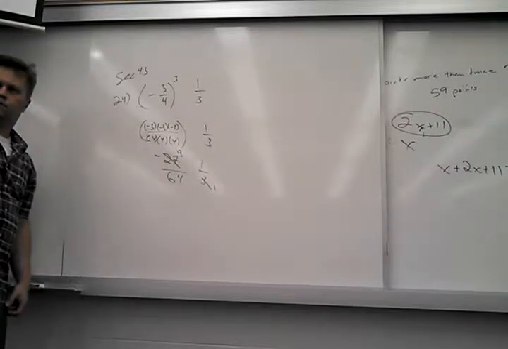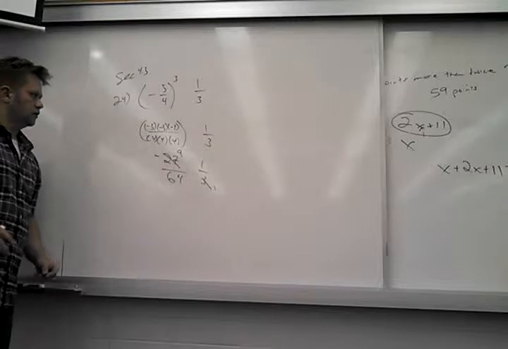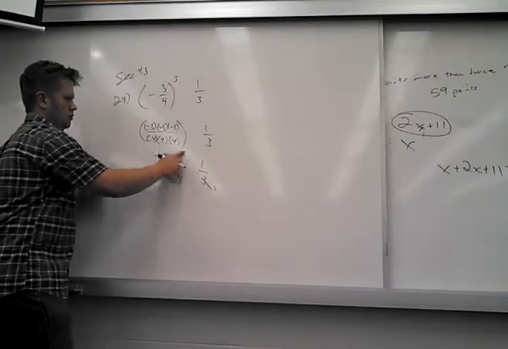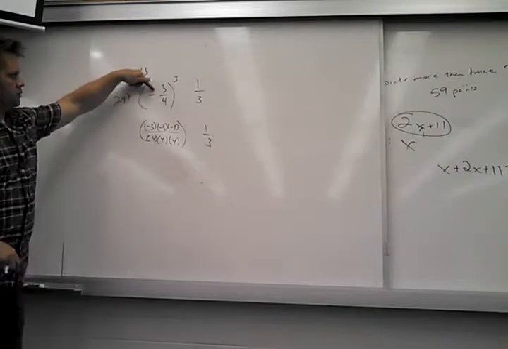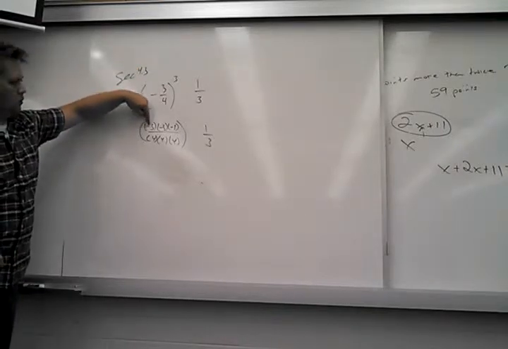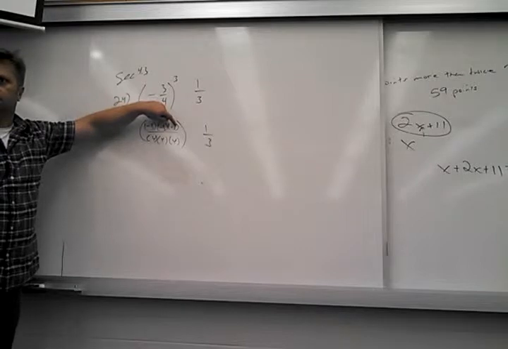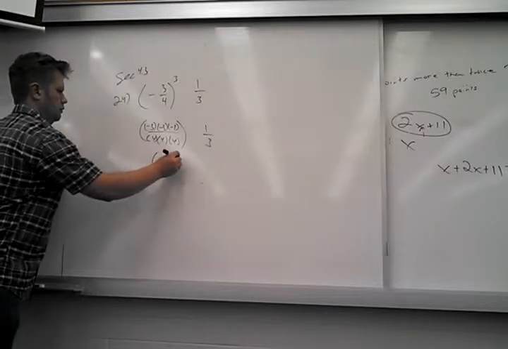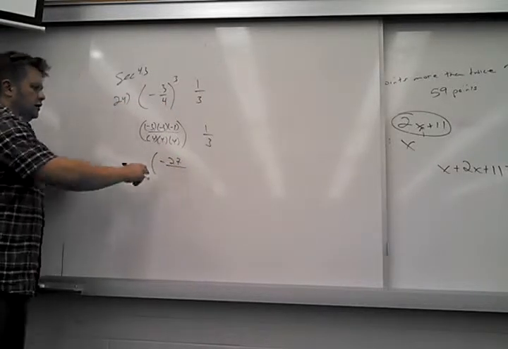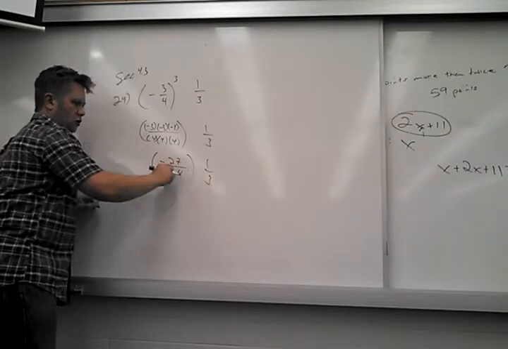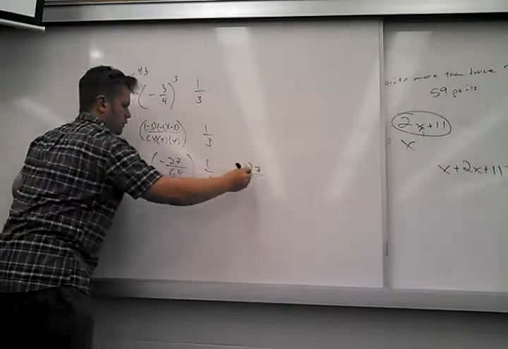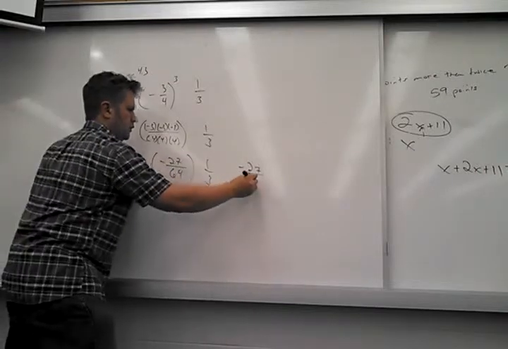I missed the 27 and 64. So, are you cool with from here to there? Yes. And then when you multiply this, you get negative 27. Oh, because it's 9 and then times 3. Exactly. And then 16 times 4, 64. Now you could multiply and get negative 27 over 192.